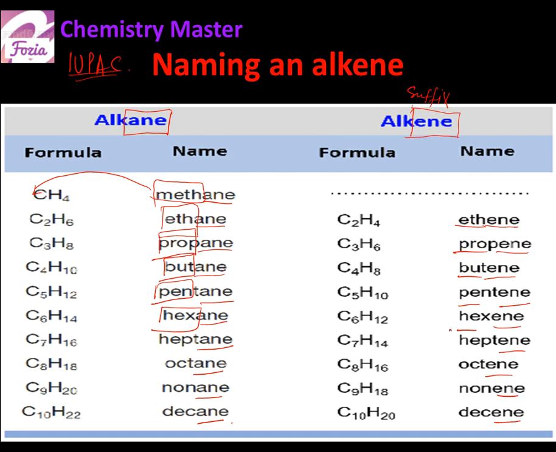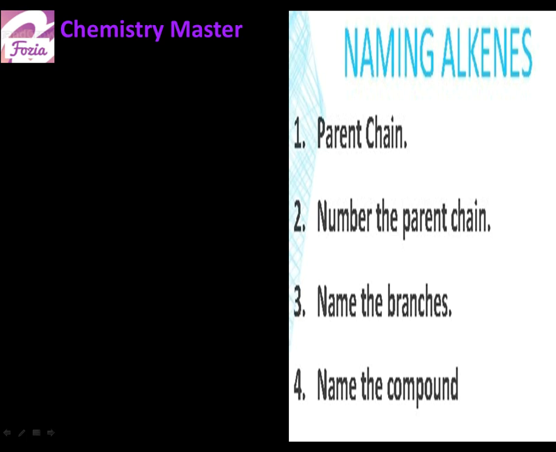So only one thing is different: alkanes have the molecular general formula CnH2n+2, that is why they were alkanes. But here you see the hydrogen atoms are just 2 times the carbon. You see 3 carbons, 2 times 3 is 6, 4 carbons, 2 times 4 is 8. So the general formula is CnH2n. So for a different class of compounds having double bonds in them, a different suffix is assigned to them. Now we cover the whole naming pattern again.